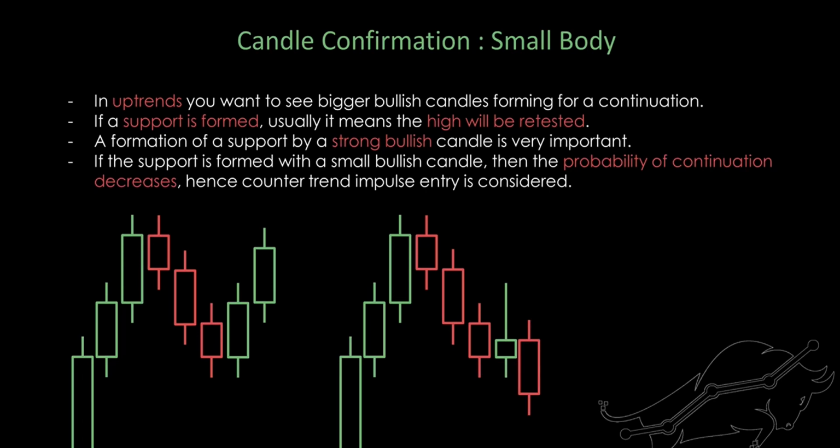And the same goes true for bearish candles. So let's say that we have bearish candles coming down like this, and then we have a bullish candle go up like this. We're moving up again.